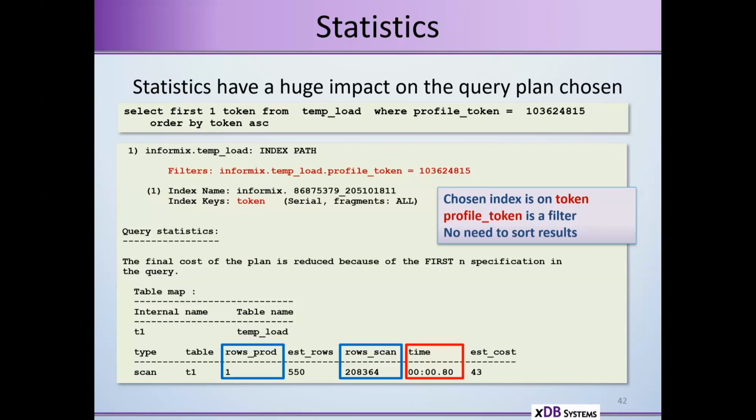But when we look at the query statistics, in order to produce the one record, we read 208,000, and this was consistent. This only took 0.8 seconds, so less than a second.